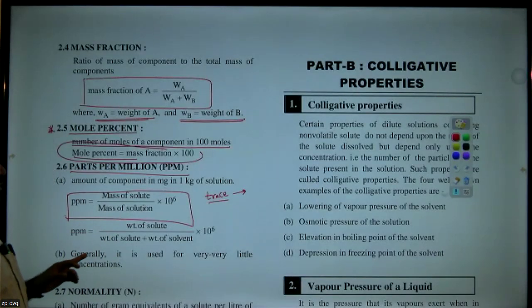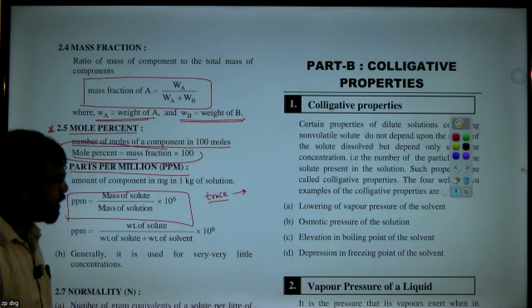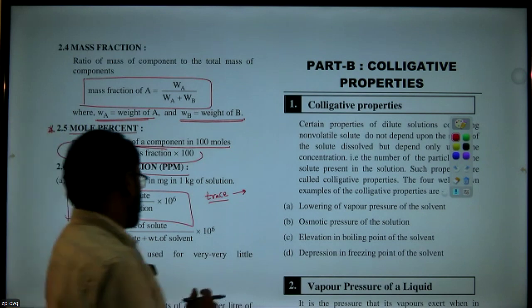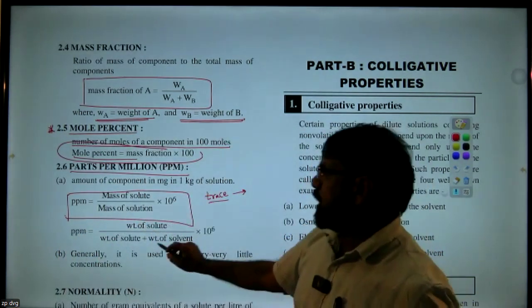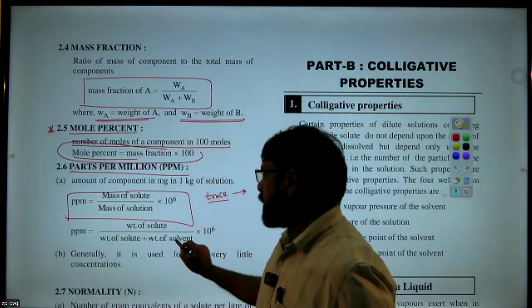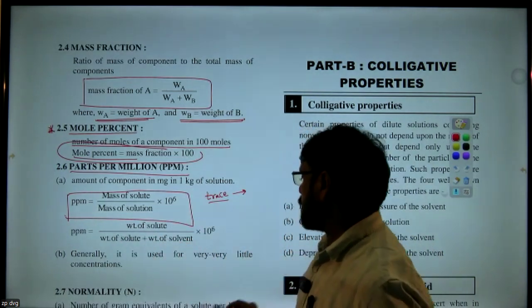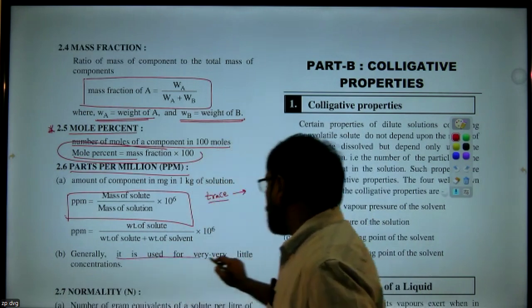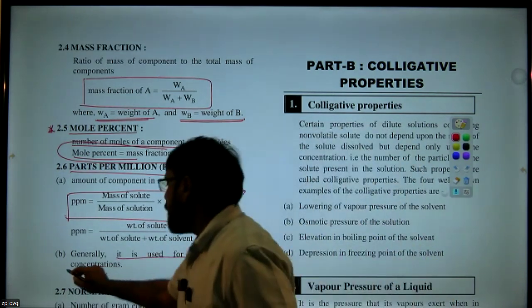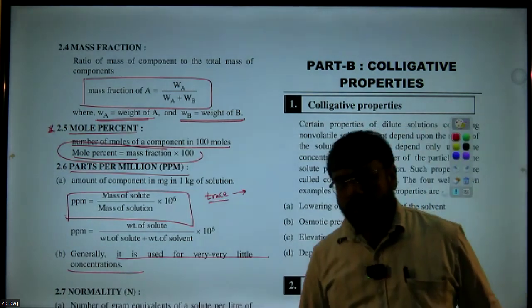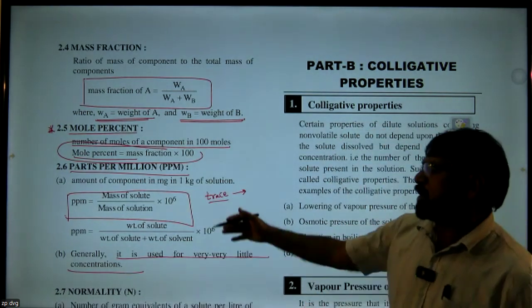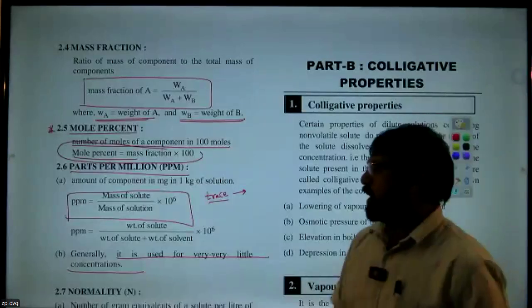To get the parts per million, we use the mass of the solute divided by the mass of the solution into 10 power 6. Here ppm is equal to the weight of the solute by the weight of the solute plus the weight of the solvent into 10 power 6. Generally it is used for very small concentrations, like to express environmental pollution.